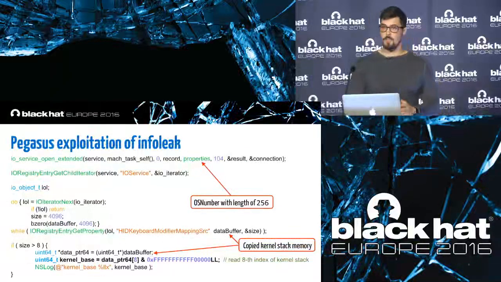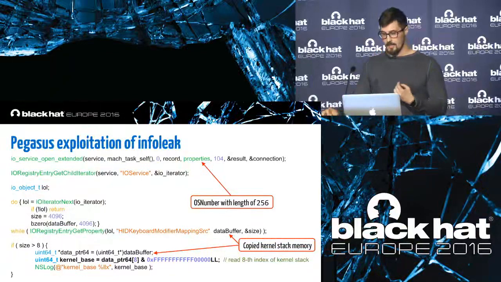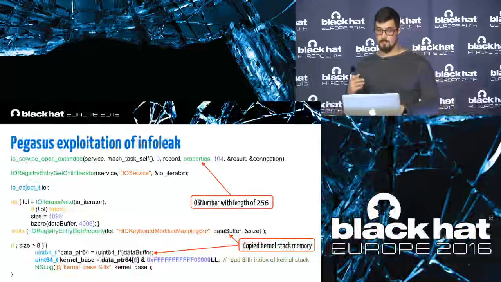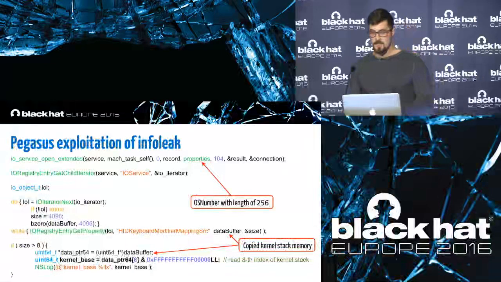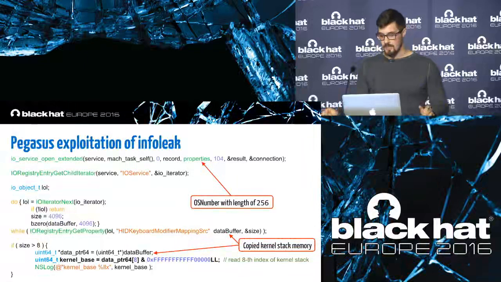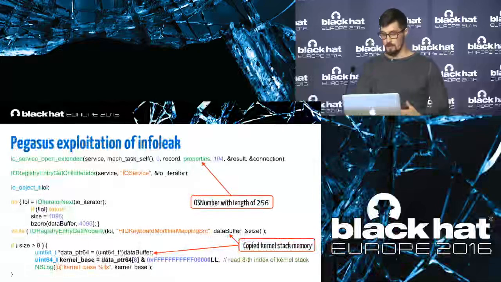First of all, we create an OSDictionary object that contains an OSNumber with a high number of bits as a key, and as a value, one of the properties as a key. The next thing we do is IOServiceOpenExtended. It will spawn a user client, and next we can call IORegistryEntryGetProperties on this user client.